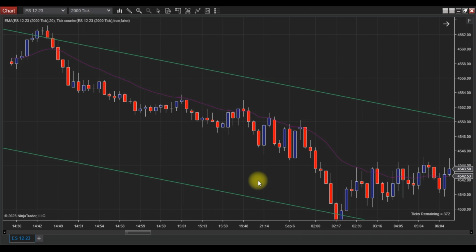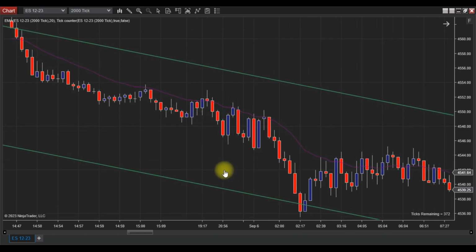And it can be pretty easy to get in during a range because most of the time the market is ranging. It's ranging a vast majority of the time. We want to be really careful about not getting in during a range. We want to get in when the market is moving. Or if we do get in a range, we want to be real strategic about it. That is for a different video.